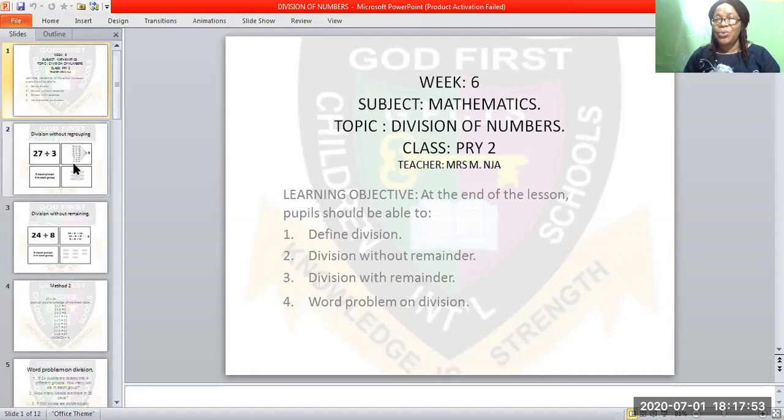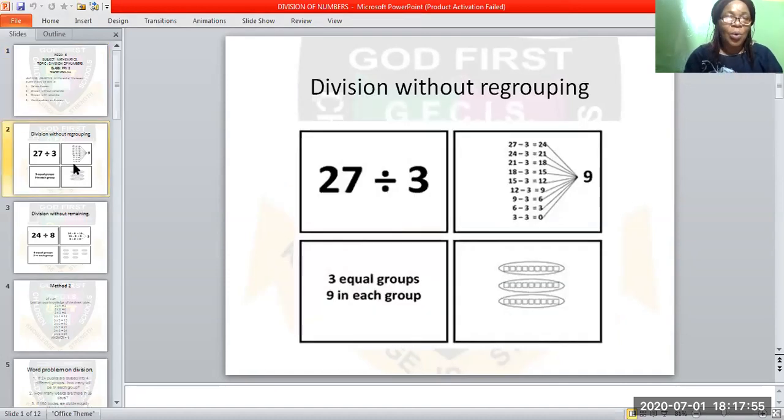Remember that when you are working division sums, you must be a master of the multiplication table. Therefore, without remainder, how do we go about it? 27 divided by 3 will give us 9. How did we arrive at 9?